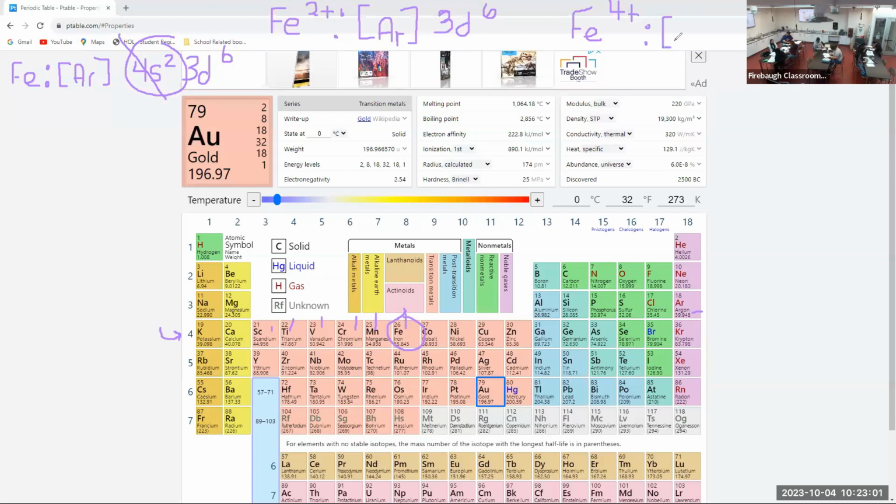The 4s is going to be gone, because we're not stealing from there. Takes too much energy. And then 3d4. So you take away from the highest period first, and then you have to take the remainder from the next highest period.